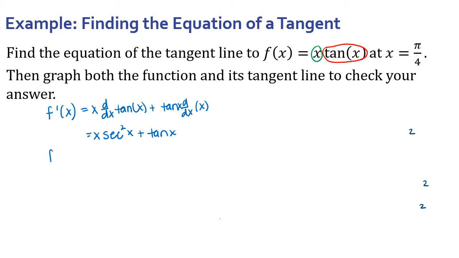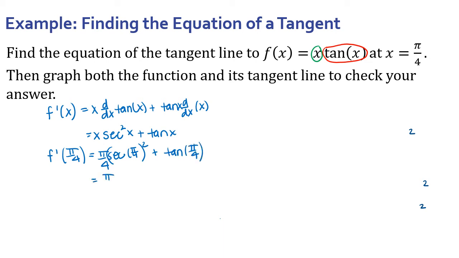Okay, so there's the formula for the derivative function. So if I was looking for the slope at x equals pi over 4, that's going to be pi over 4 times secant of pi over 4 squared plus the tangent of pi over 4.